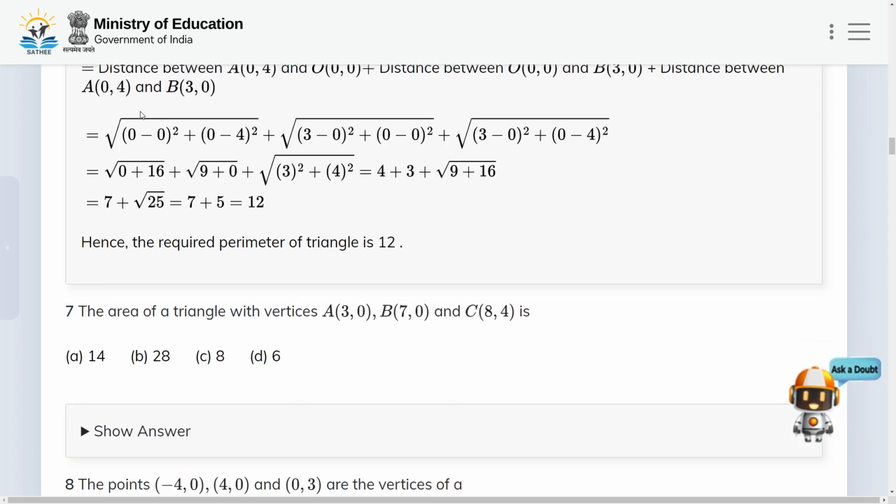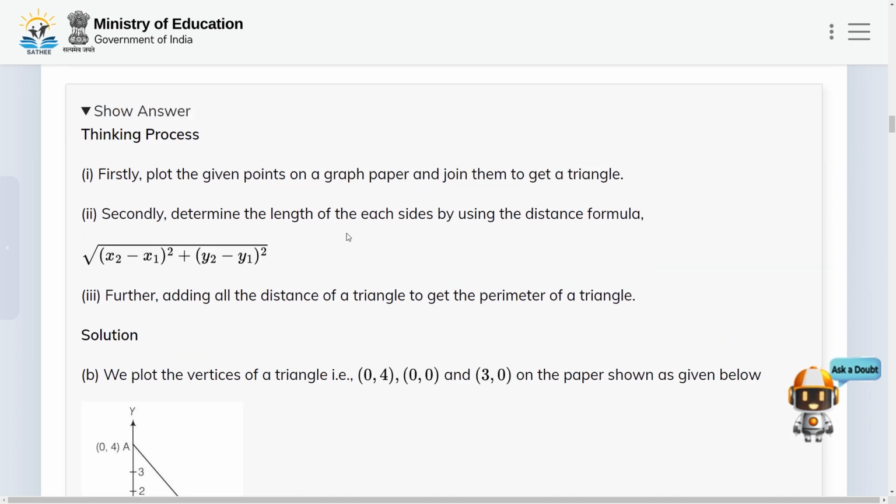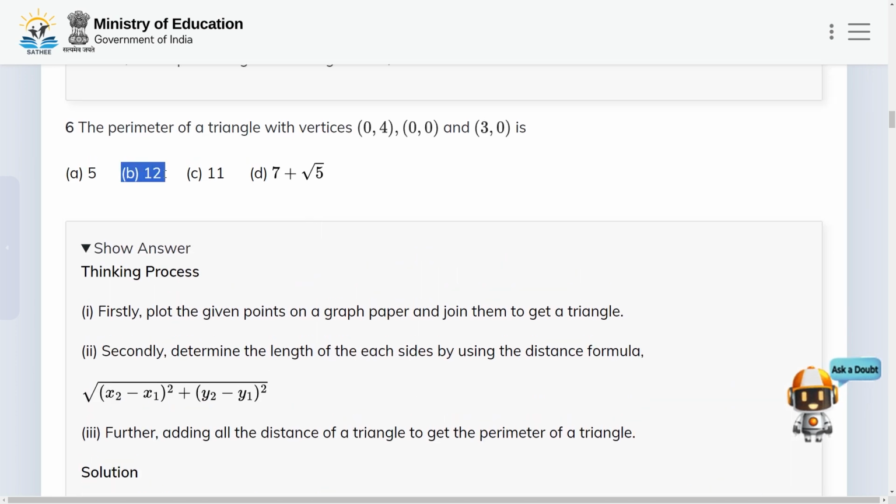Okay, so this is equal to square root of (0 minus 0) whole square plus (0 minus 4) whole square, plus square root of (3 minus 0) whole square plus (0 minus 0) whole square, plus square root of (3 minus 0) whole square plus (0 minus 4) whole square. Okay, and if you simplify it, then this is equal to 7 plus square root of 25, that is equal to 7 plus 5, and this is equal to 12. Okay, hence the required perimeter of the triangle is 12. So here the correct answer is option number B.